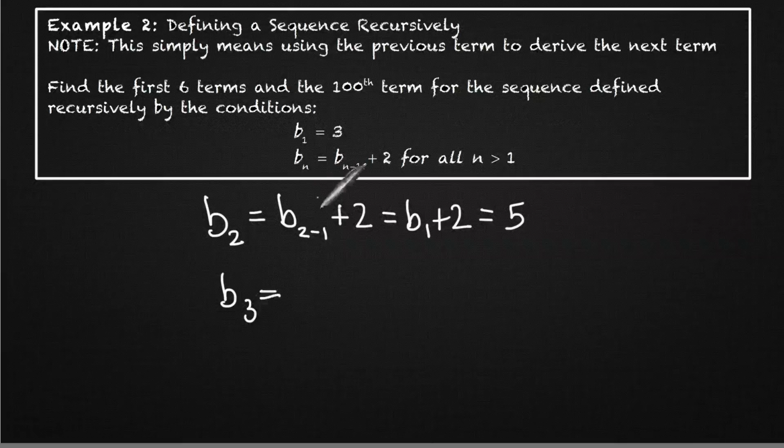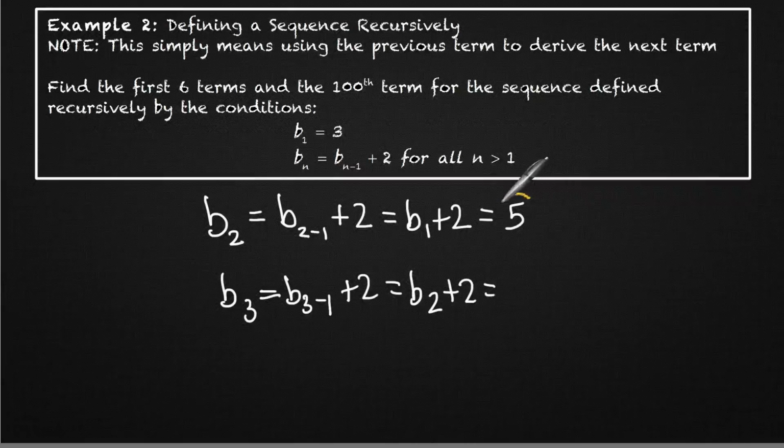B3 is equal to B3 minus 1, plus 2. We know 3 minus 1 is 2, so B2 plus 2. Oh, we just got B2 right here. B2 is 5. So guess what?